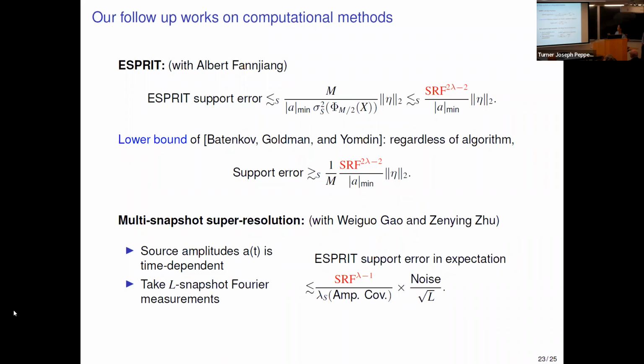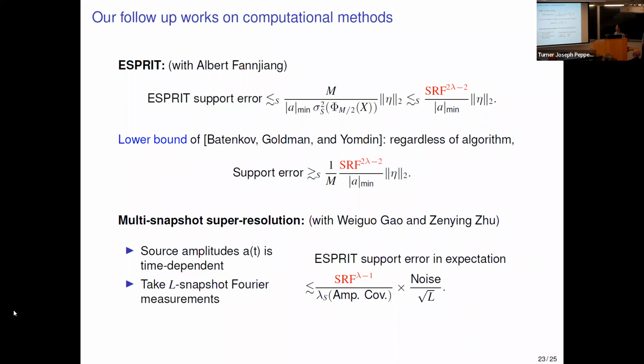Importantly, we can compare this with the lower bound proved by Batenkov. They show that if we have lambda equally spaced point sources, the support error has a lower bound of the super resolution factor to the power lambda minus 2. So our work proves that ESPRIT is an optimal algorithm because the upper bound matches the lower bound.